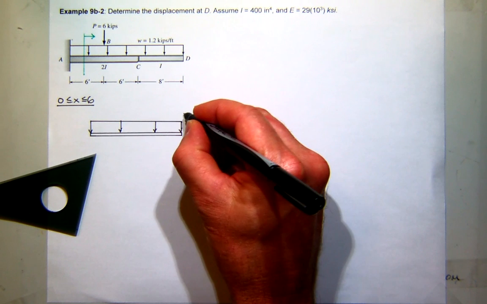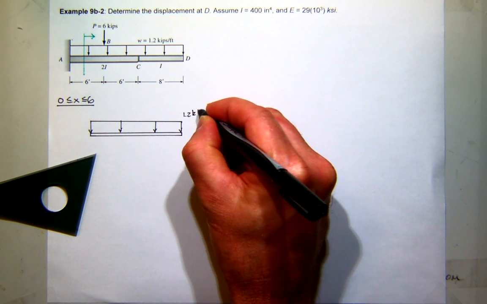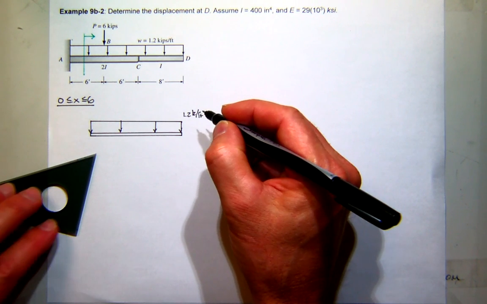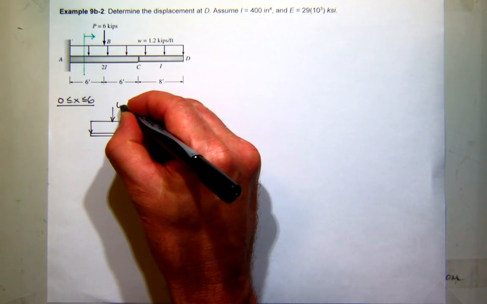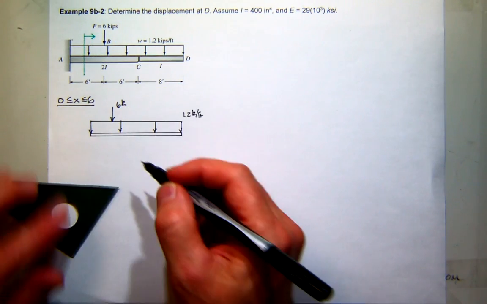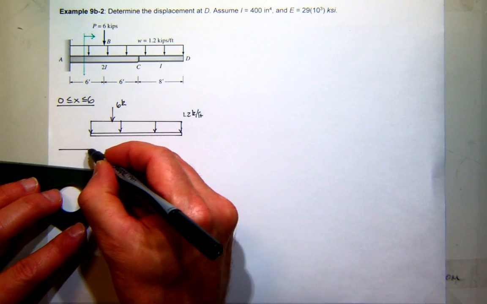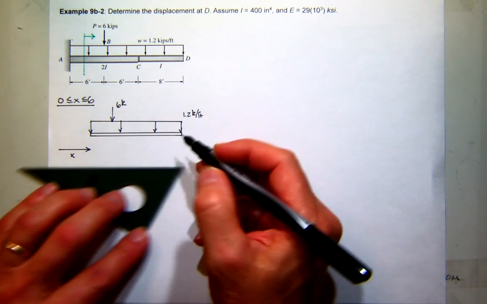That is 1.2 kips per foot. And then somewhere right about here, I have a 6 kip force. Now remember, we're cutting it at some distance x.